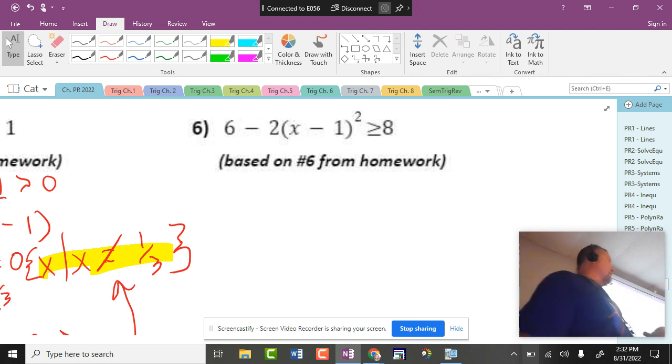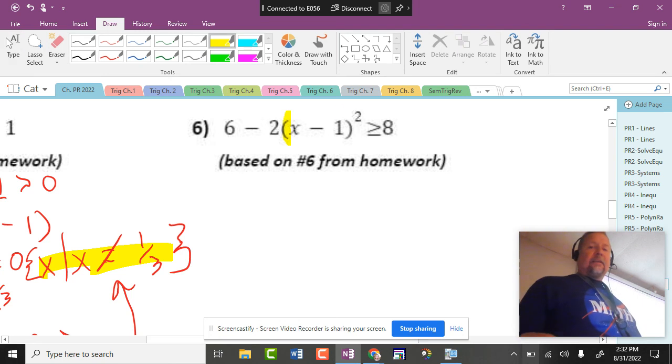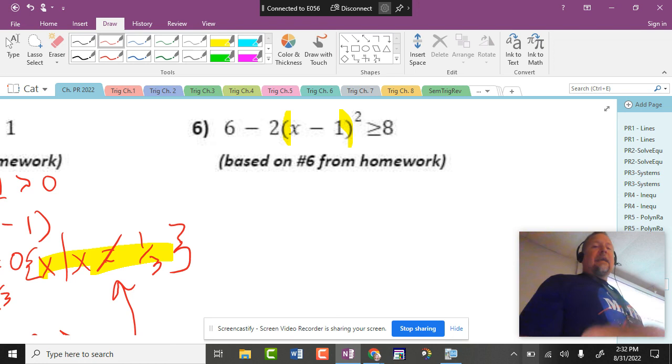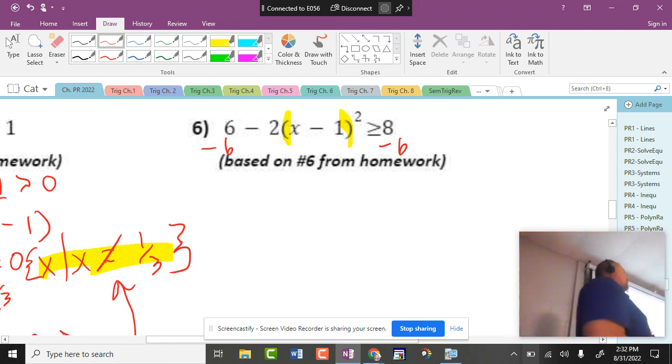Don't analyze. I have a greater than, so it's going in opposite directions. Don't do that yet. Because what you got to do is get this isolated, just like you did with an absolute value, like the second example I did today. What should I do first? Get rid of the 6 or the -2? 3, 2, 1, go. It is 6. Okay, you can't divide by 2 right now because what most people do is don't divide the 6 by 2 as well.